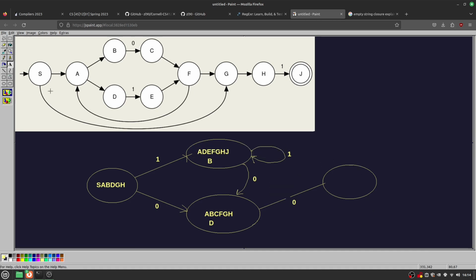we can get to, from A with 0, we can get to A, B, D. We can get to C, F, G, and H. From B with 0, we can get to ABD, we can get to CF, we can get to GH.